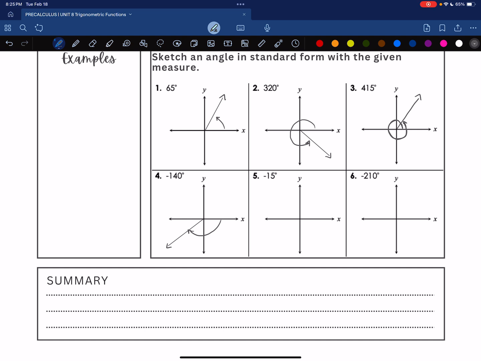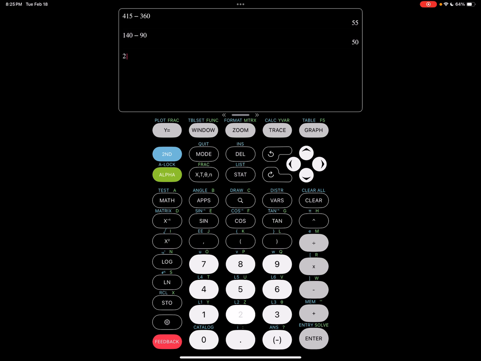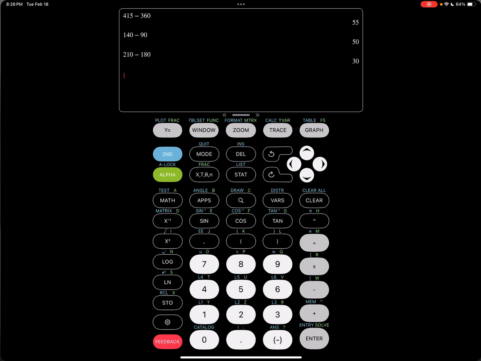Negative 15 degrees is going to mean that I just go down a little bit. I haven't really rotated much. Maybe about like that. And negative 210, well, that's a little bit more than 180. How much more than 180? Let's think about that. 210 minus 180, how much does that leave us with? 30 degrees past that.